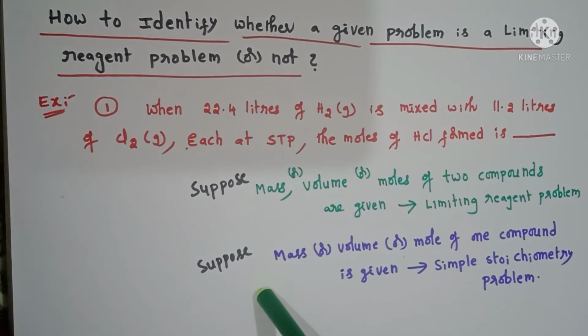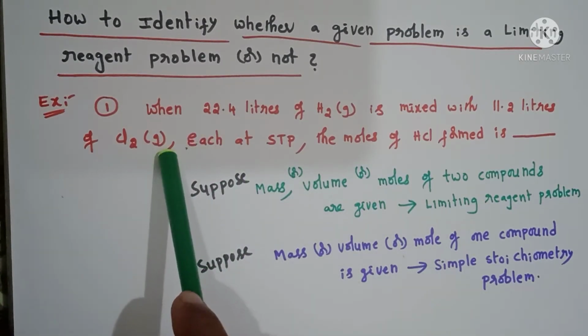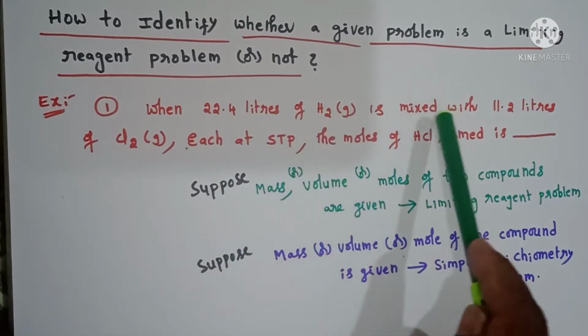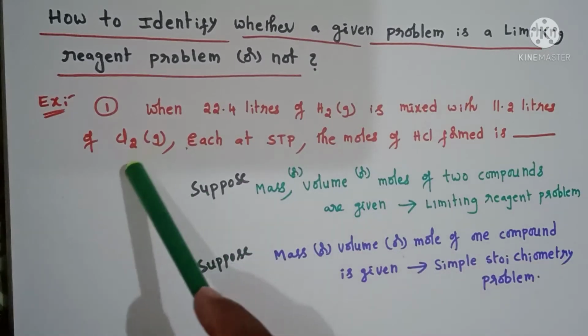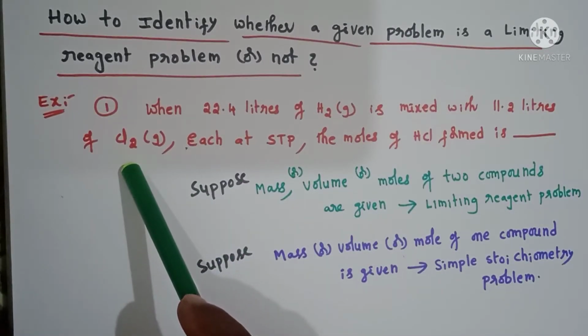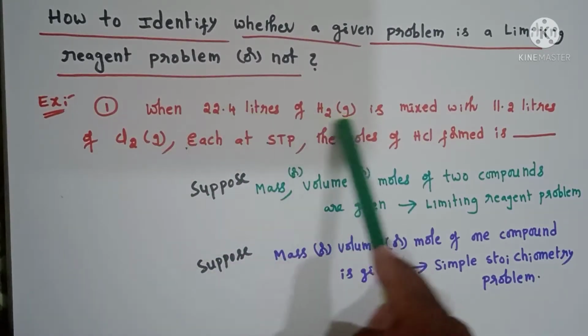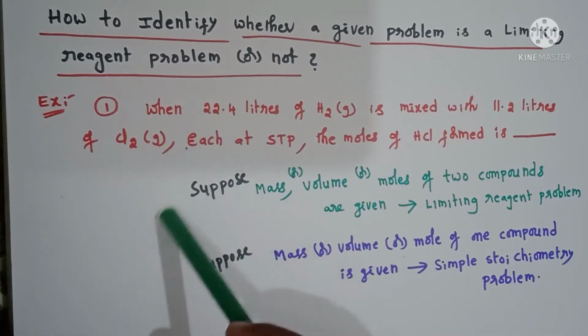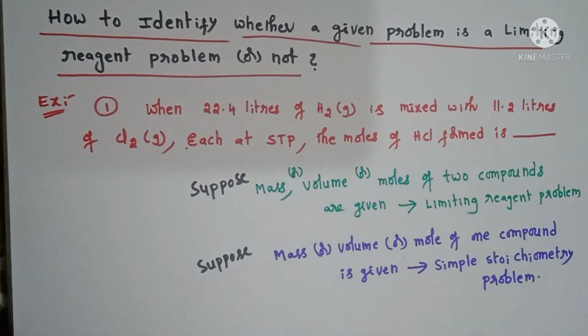Suppose in a given problem, the mass or volume or moles of one compound is given, then that problem is related to simple stoichiometric problems. See students, in this problem, 22.4 liters of hydrogen is mixed with 11.2 liters of chlorine. Here the data is given for two compounds. One is hydrogen and the other one is chlorine. So this problem is related to a limiting reagent problem.